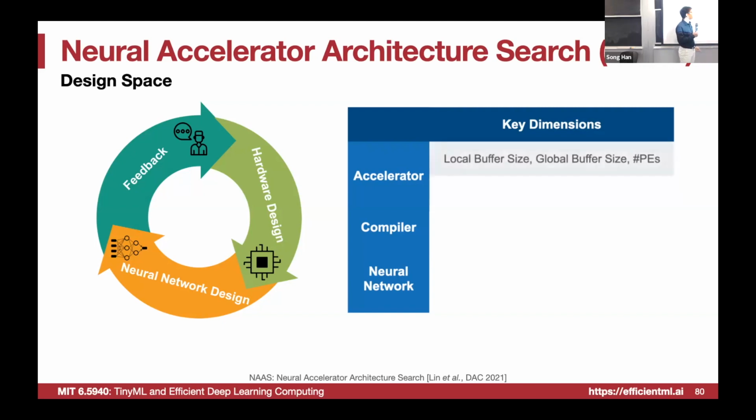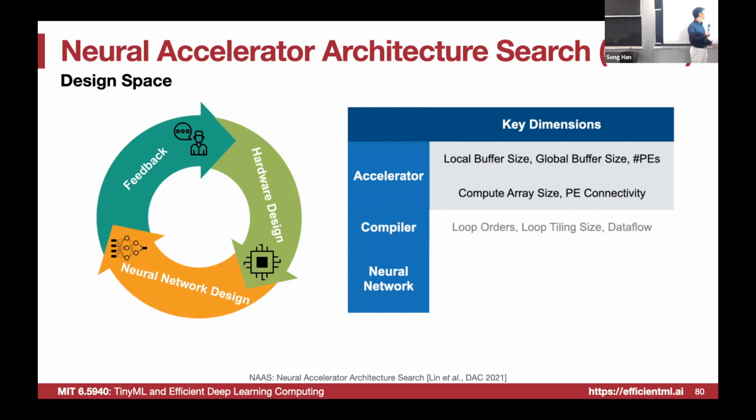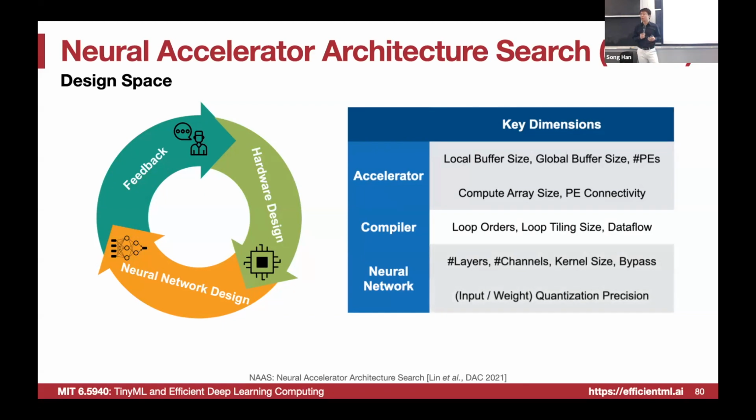On the hardware part, we have the buffer size, local buffer size, global buffer size, the number of PEs, and also the compute array size and the connectivity. On the compiler side, we have the loop order, the loop tiling size, and the dataflow. On the neural network side, we have the number of layers, number of channels, kernel size, whether we have bypass, and the quantization precision.